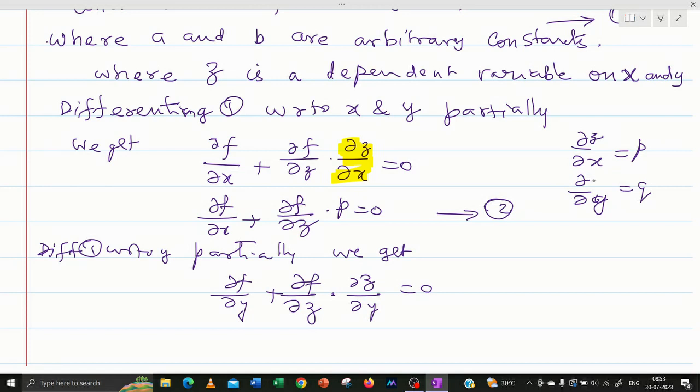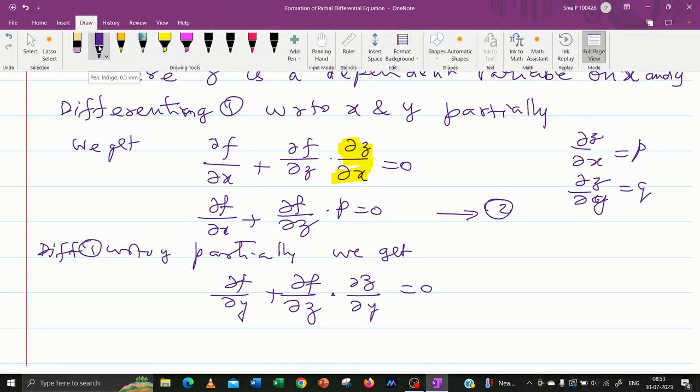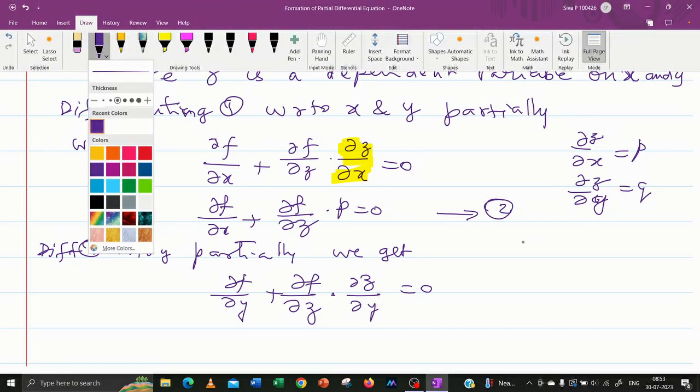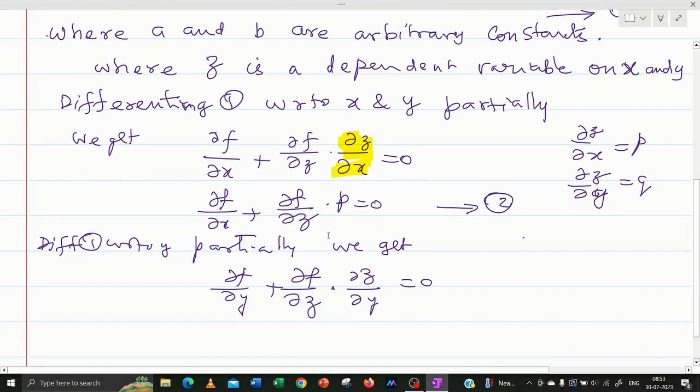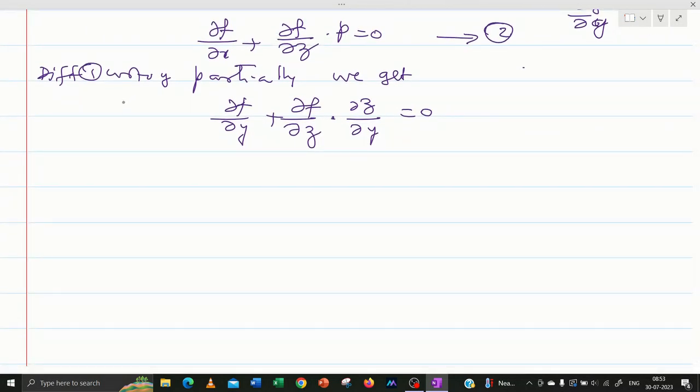Dou z by dou x equal to p, dou z by dou y equal to q. So we substitute here: dou f by dou y plus dou f by dou z into q equal to 0, which is equation number 3.